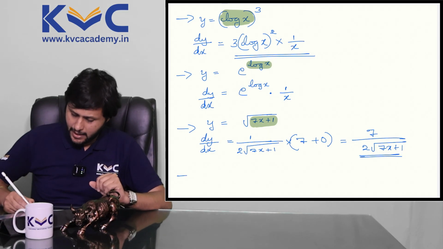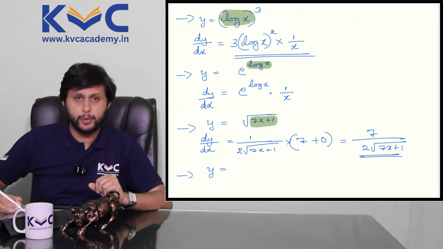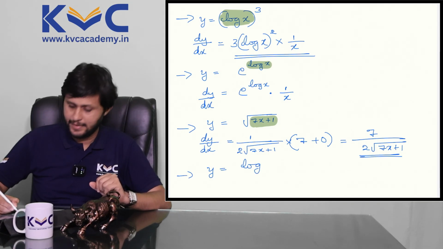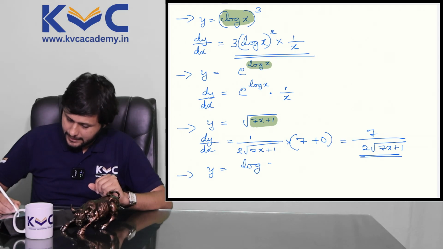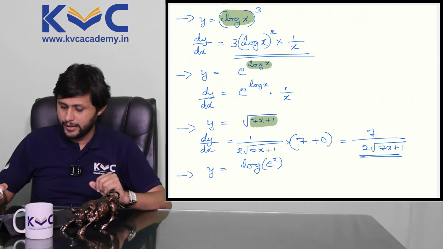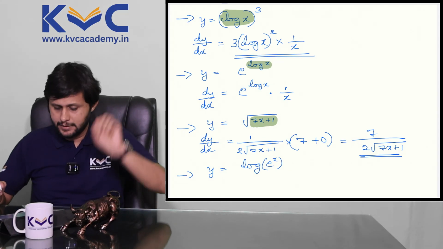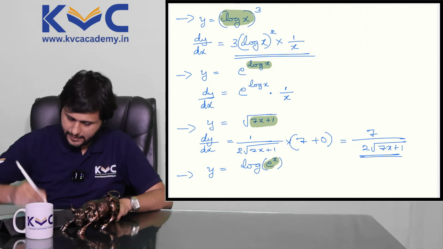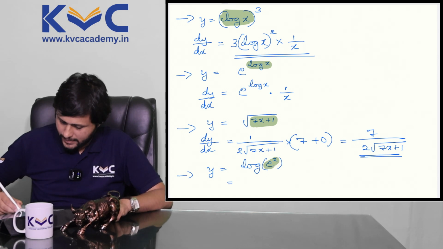Getting better, definitely. Now one more. y is equal to log e to the power x. Now this is in the form of log x. Differentiation of log x is 1 by x.